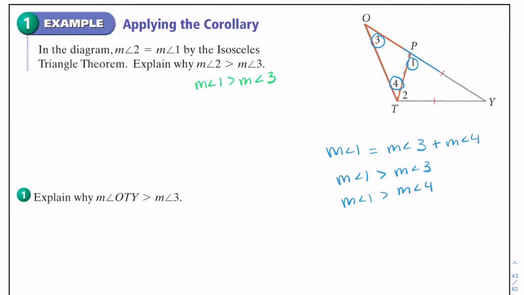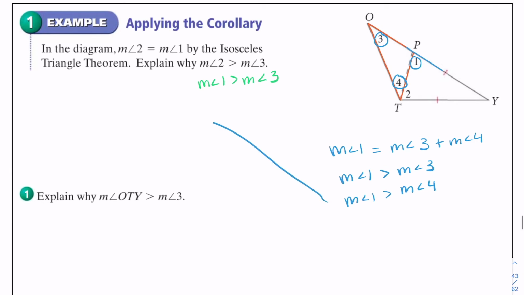So if the measure of angle 1 is greater than the measure of angle 3, which is proven, then because angle 2 is equivalent to the measure of angle 1, that concludes that the measure of angle 2 has to be greater than the measure of angle 3.